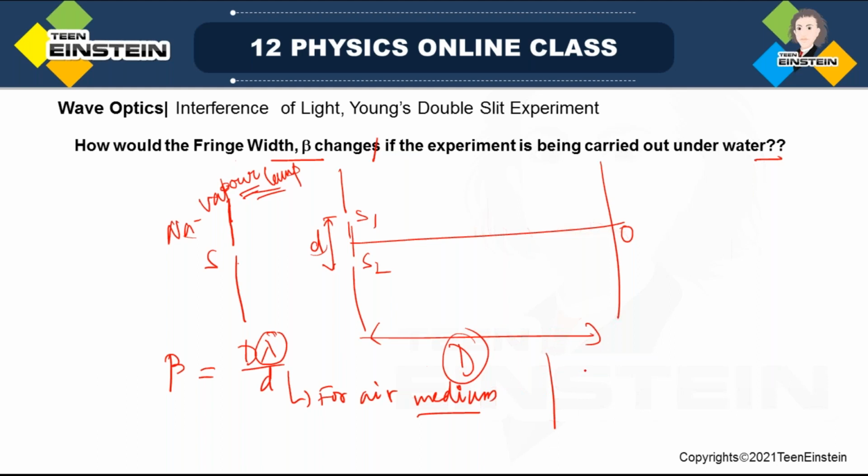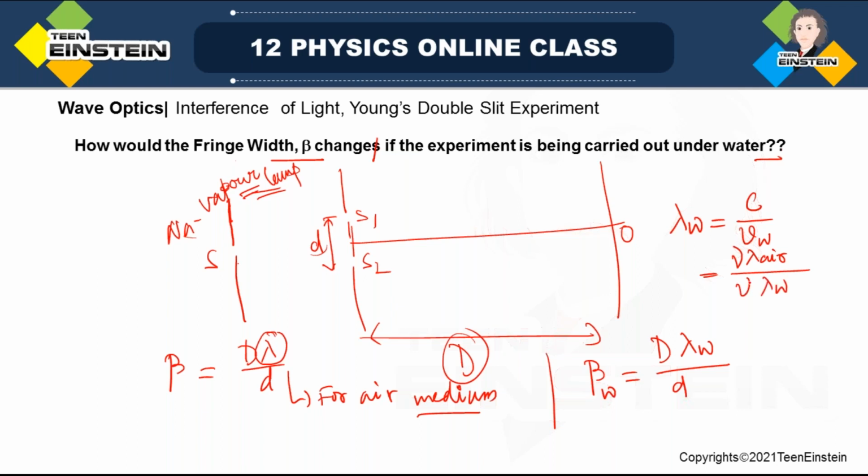If you find out the fringe width in the water, obviously this wavelength also has to be replaced by the wavelength of the light inside the water. So how do you get lambda w? You can get it as C by V water. C means nu into lambda in air, which is given already, and this is nu lambda water.